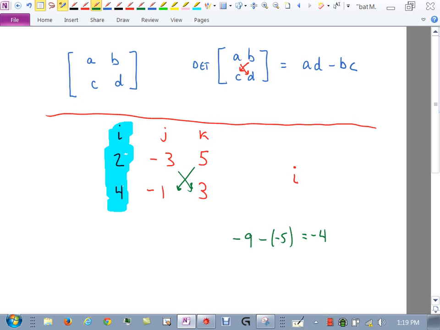Correct? And that is what goes in front of the i. Now, does that match what we had before? Yes? Okay. So that's how I get the i. With me? How do we get the j? You cover up the j, right? So now I'm going to come in here and cover up j.